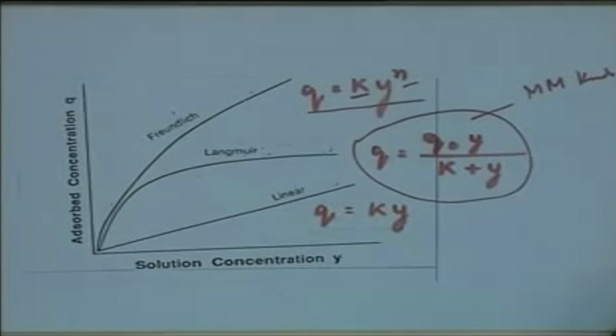The analogy is among three expressions: the Langmuir adsorption isotherm, the Michaelis-Menten kinetics and Monod's kinetics for cell growth. To understand the relationship, you have to identify the corresponding terms. In the case of enzyme, we are talking of enzyme-substrate complex formation.